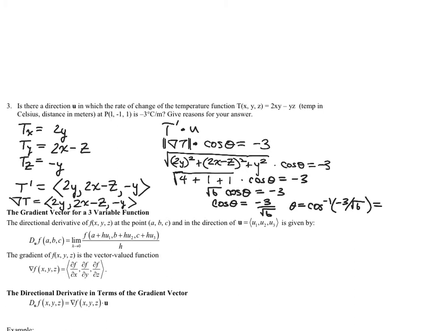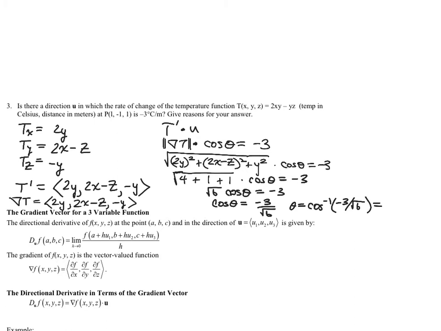So 2y is good. 2x minus z is good. -y is good. I believe I produced the radical correctly when I plugged in the y value of -1.